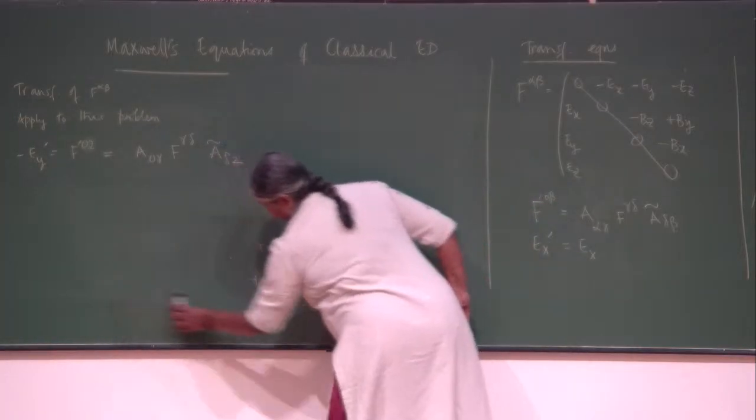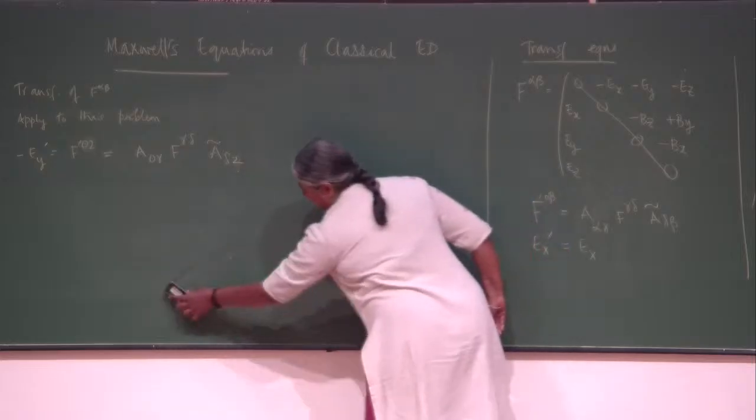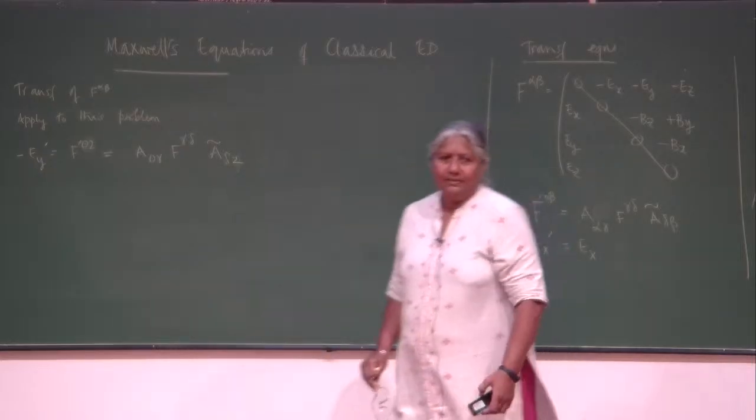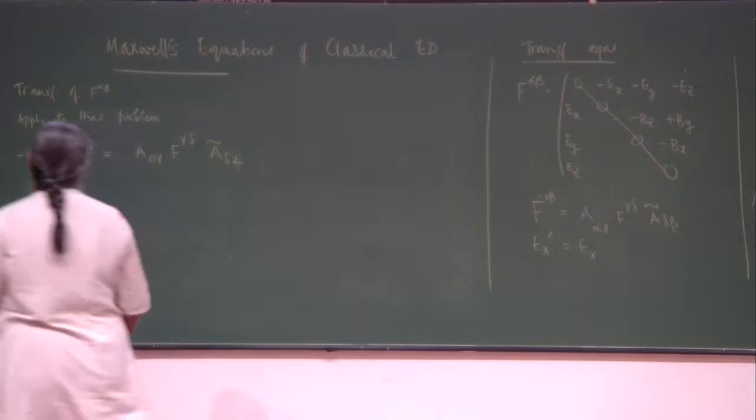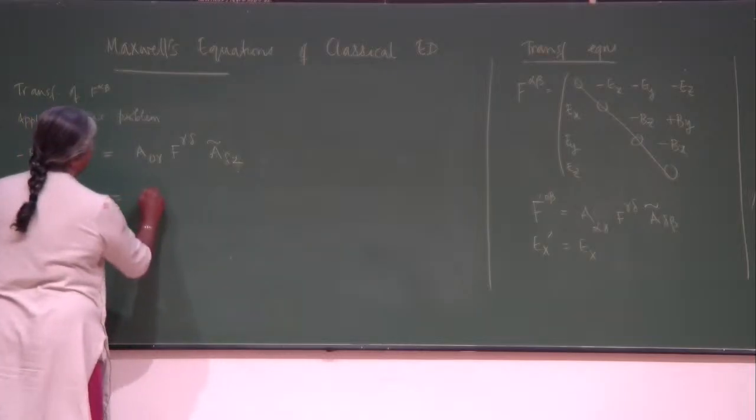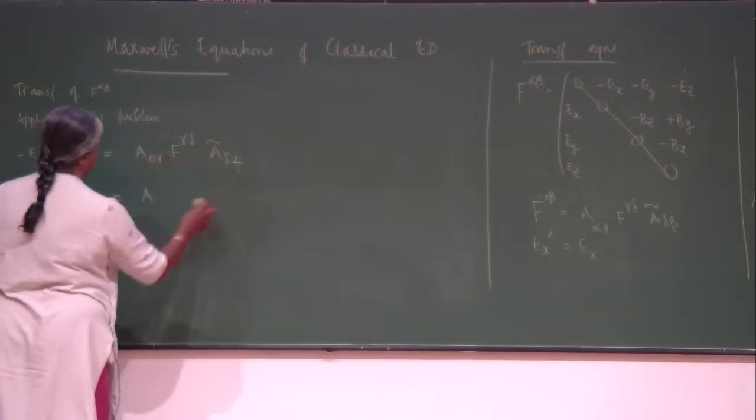So please try it. I'll give you a few minutes to try it. Keep trying, I will write it on the board. Same thing, you have to first expand gamma, then expand delta.